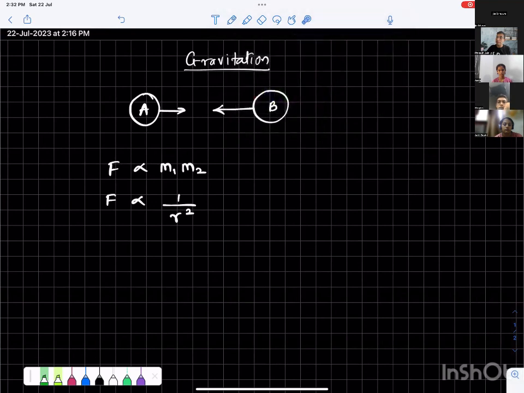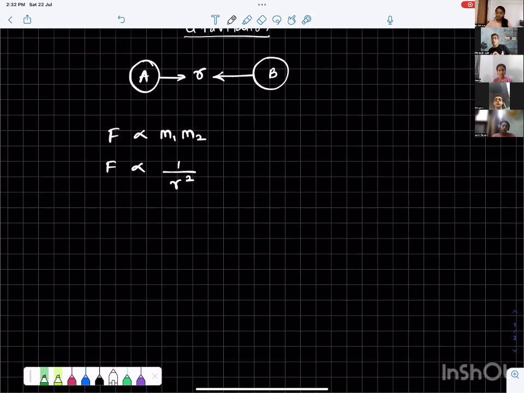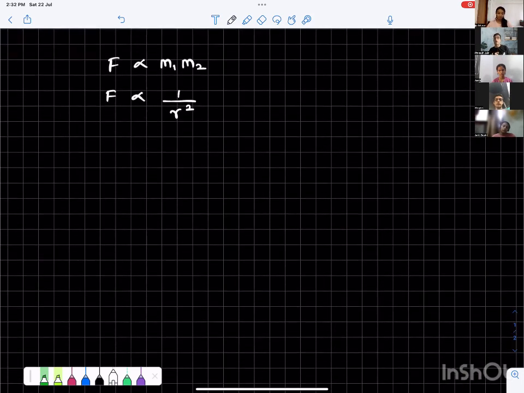The distance between the center of A and the center of B is called the distance of separation. I don't know if you remember, we did this same factor in the chapter on non-contact forces. Clear, everybody? So force is directly proportional to the product of masses, inversely proportional to the square of the distance.